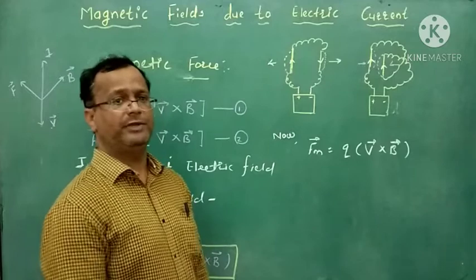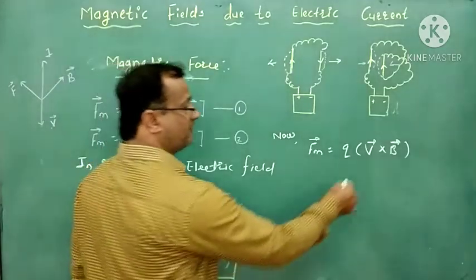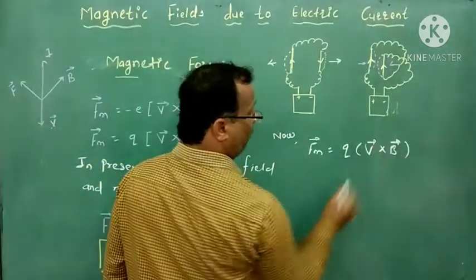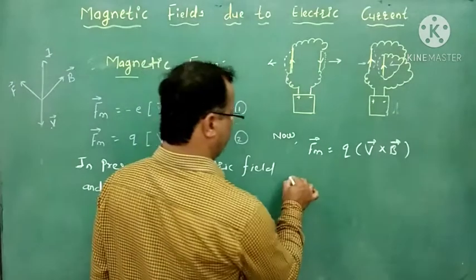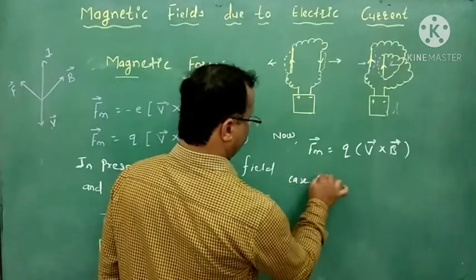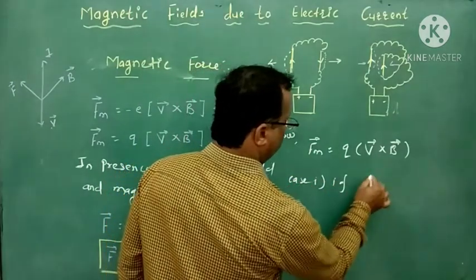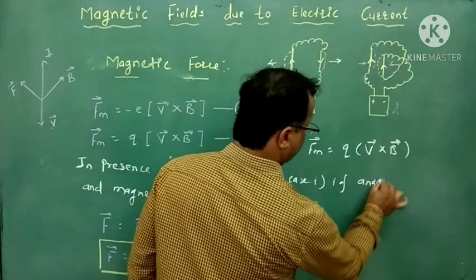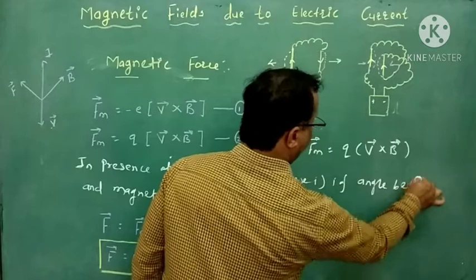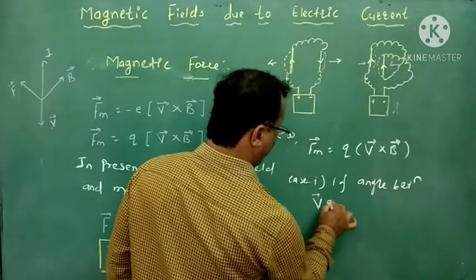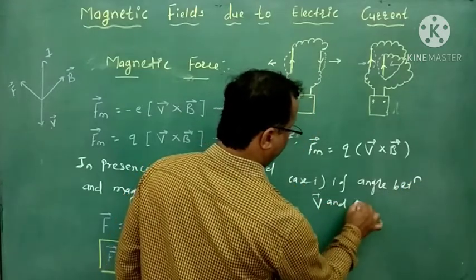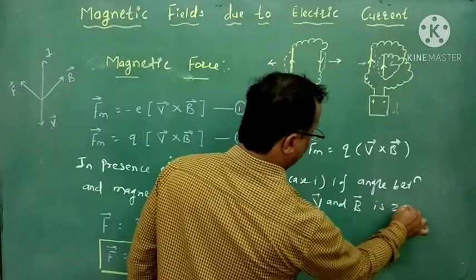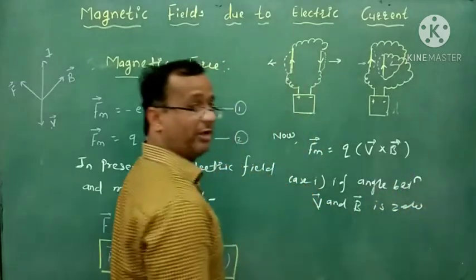Suppose here, if we consider the angle between V and B is 0. Case 1. If the angle between V and B is 0, then what happens?